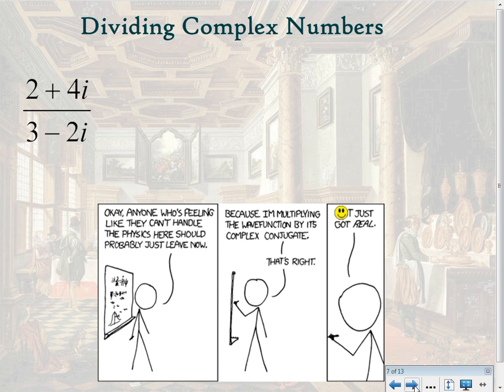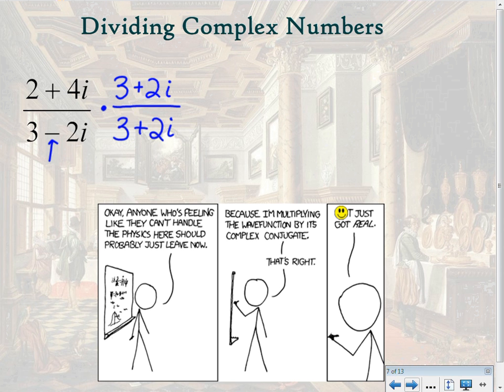Dividing by complex numbers. This is where things get a little complex. We're going to use the complex conjugate. Complex conjugate is a fancy word for change the sign in the middle and multiply top and bottom by that.